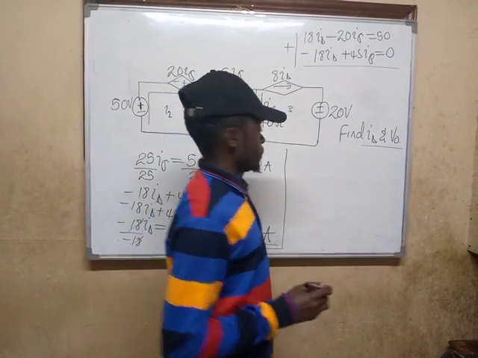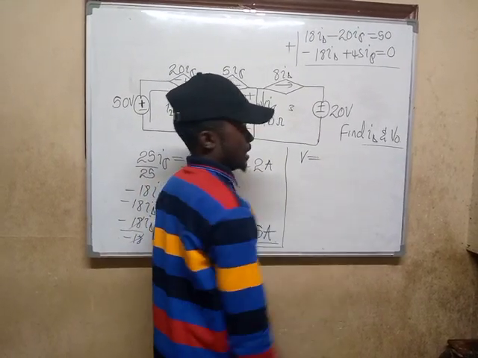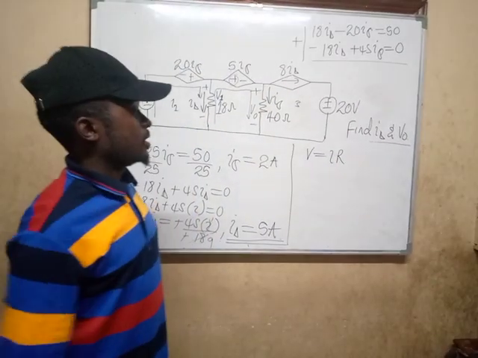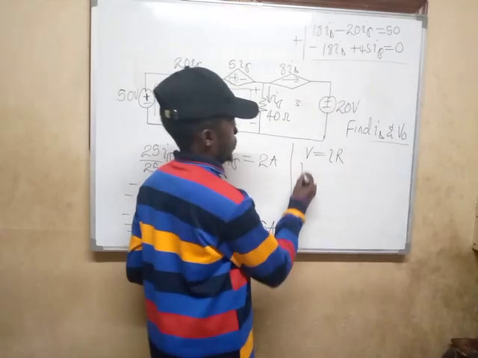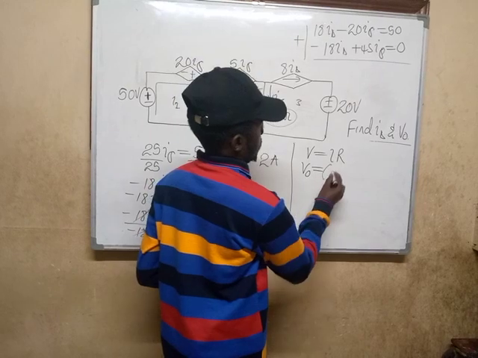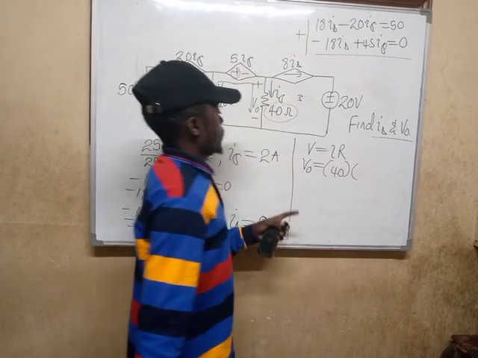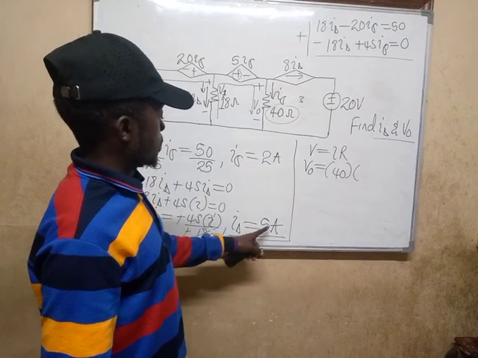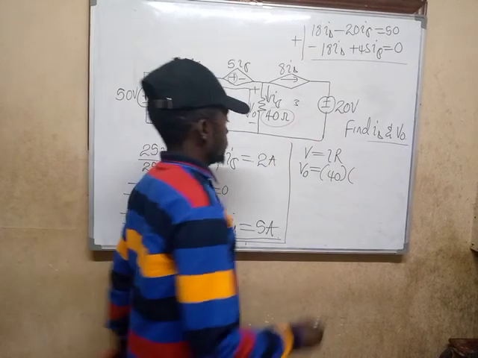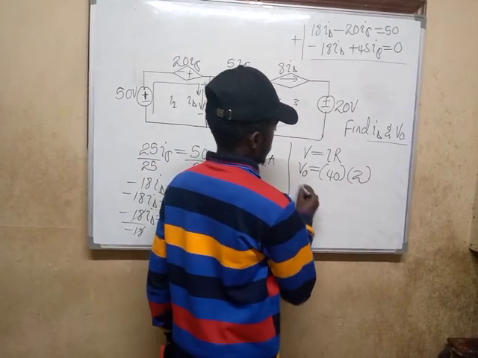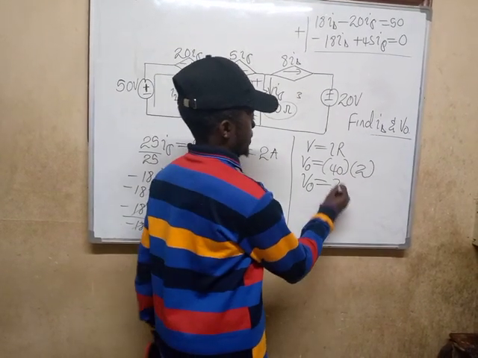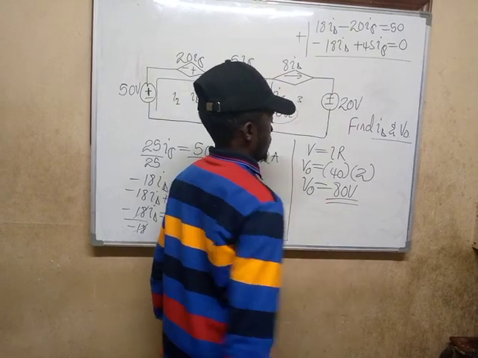According to Ohm's law, voltage is equal to current times resistance. So VO is equal to 40 times I sigma, which is 2 amps. This times this is simply 80. So we have got 80 volts there.